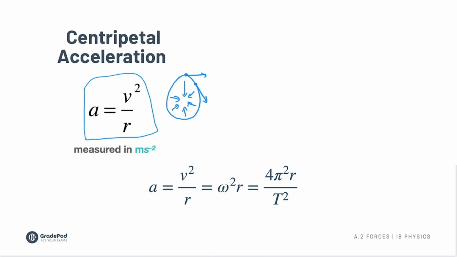The centripetal acceleration is a equals v squared over r, and it has meters per second squared units, just like in linear motion. But we also know that v equals omega r. And if we substitute that into here, we end up with a range of different expressions for centripetal acceleration.